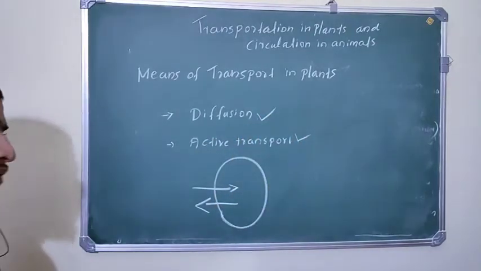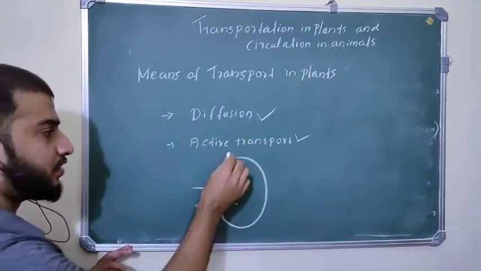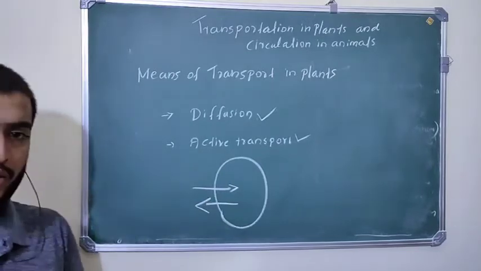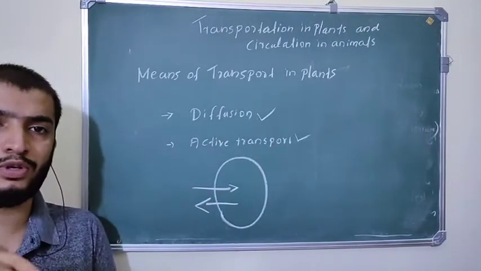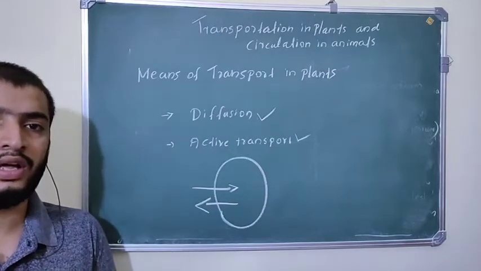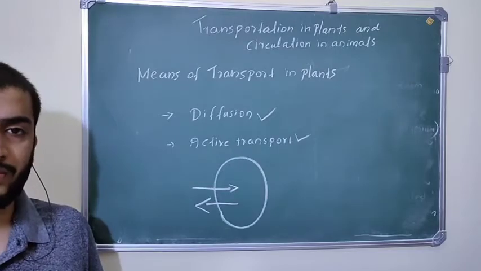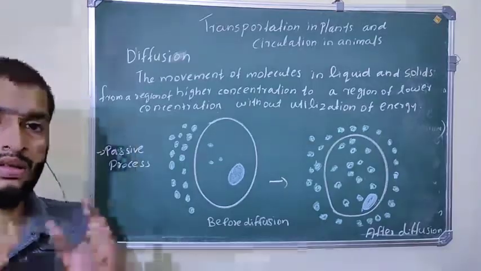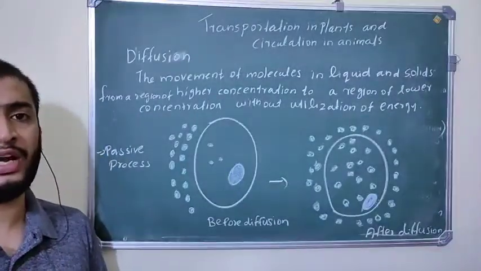We will study what is meant by diffusion, what is meant by active transport, how water is transported from one cell to another cell, and how minerals are transported from one cell to another cell. These things we are going to cover next. The materials are transported in and out of the cells in plants by the methods of diffusion and active transport.